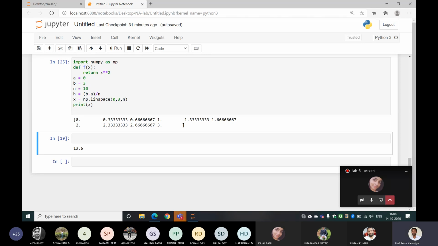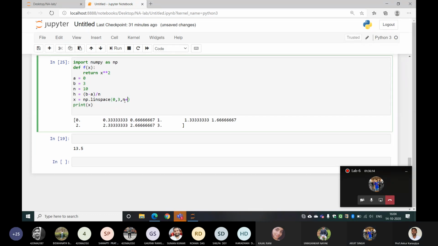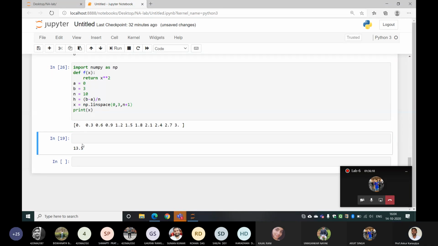Suppose, sir, if we use n+1, then we can get the result. x is equal to np.linspace(0, 3, n+1). Okay, I wrote n+1. Let us see. Yeah, so now it's fine. So is that clear?